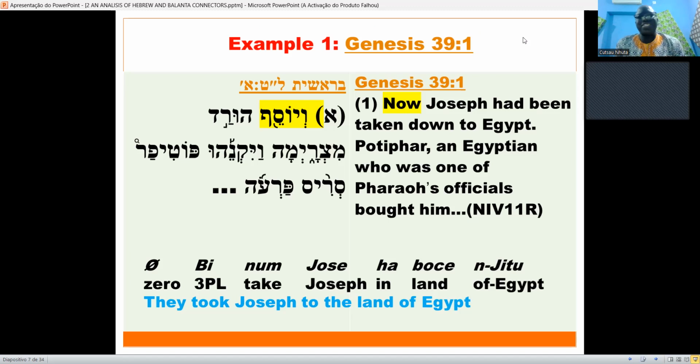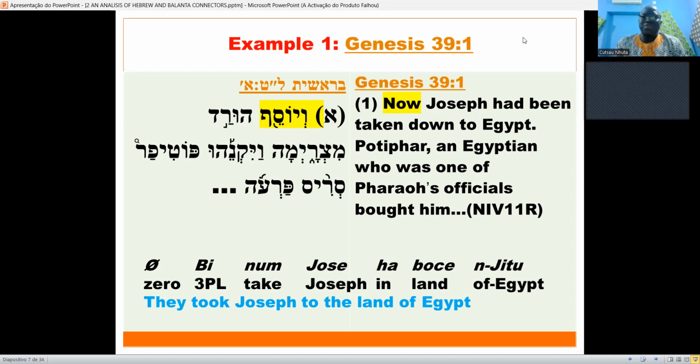For example, in Genesis 39, verse 1, it is read, Veyosef hurad Mitzrayim vayeknahu Potiphar saris Pharaoh.